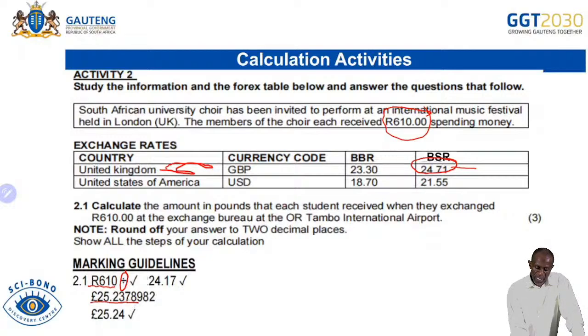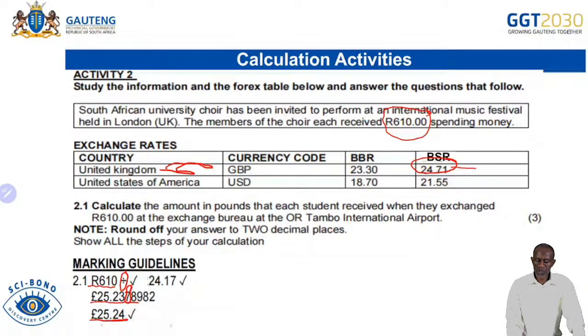As you focus on the third digit, which is a 7, it is above 5, and so it is rounded up to the nearest 10, and it becomes 10. You take the 1 and add it to the 3, and it becomes 24. So the correct answer here will be 25.24.